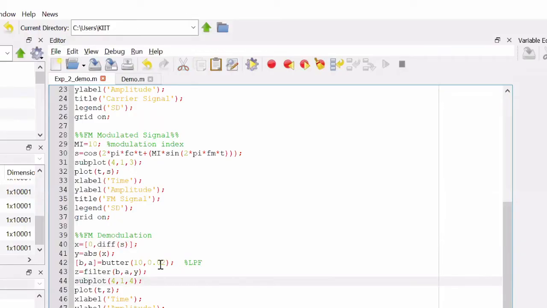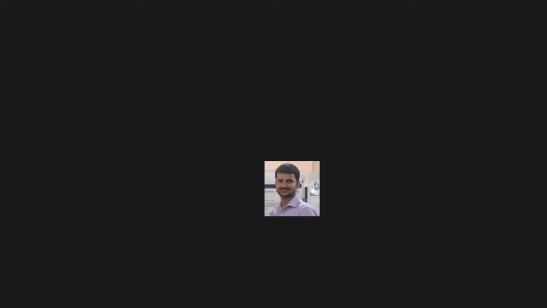Here is the filter 10 comma 0.02. Instead of this, let me go to 0.1. Remember that number was 0.02. Now we are going to 0.1. Let me repeat the simulation and show you the results.